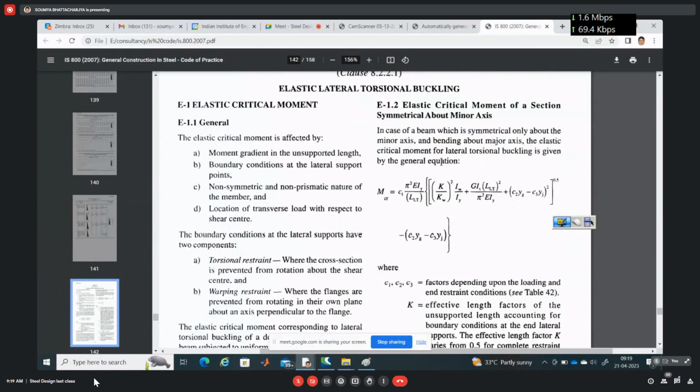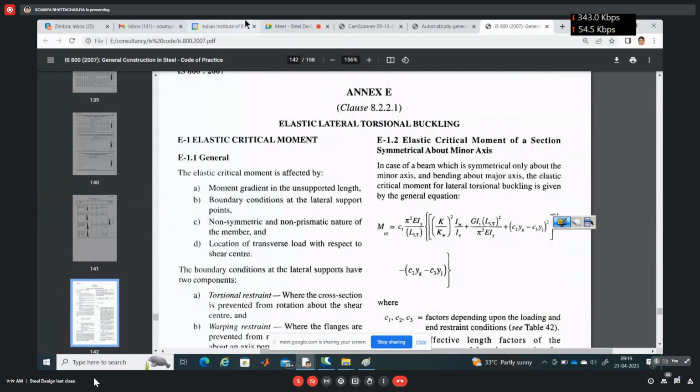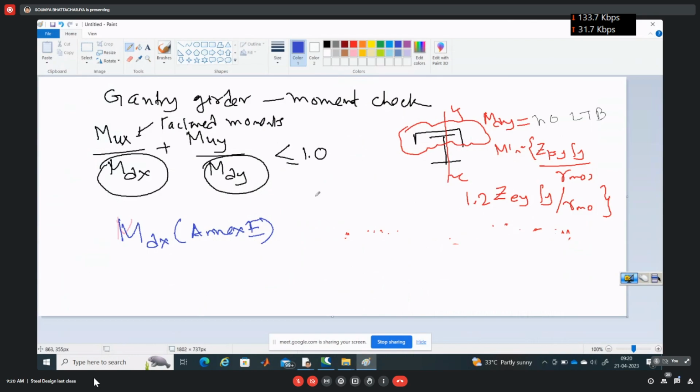Detailed evaluation of this I have already done in your parallel section, so if you just see this, it will be over. So at first we calculate M critical using E 1.2.